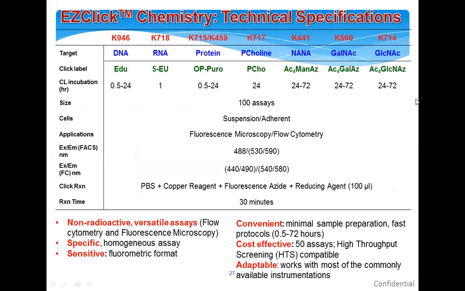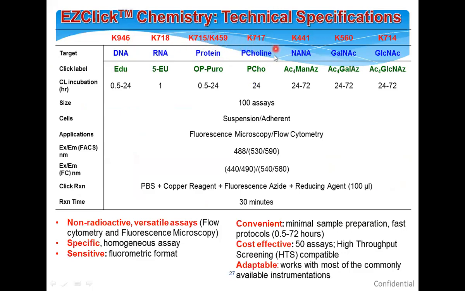It's simple. Okay, to summarize, what are the kits we have? These are the different kits we have. Technical specifications, we have K946 for DNA, 718 for RNA, we have protein, 2 different kits. We have choline.